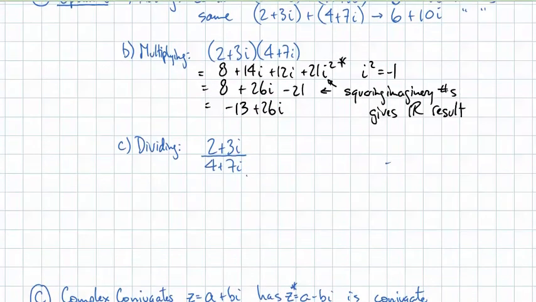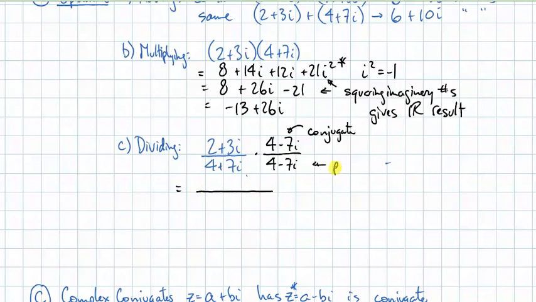When it comes to division, what we're going to do when we're dividing complex by complex is we are going to write what's called the conjugate. And you have seen this in the past with radicals. Okay, the conjugate is a binomial with the opposite middle sign. And there's an important property.